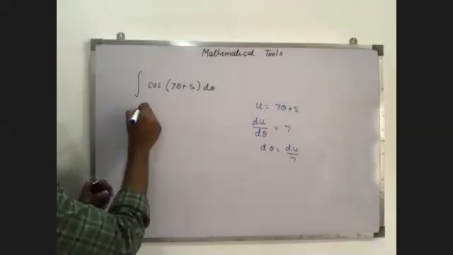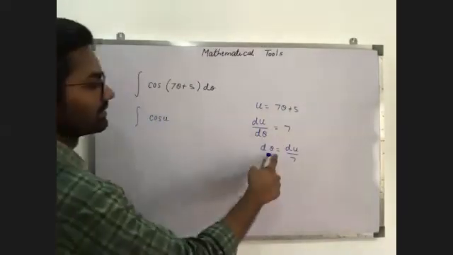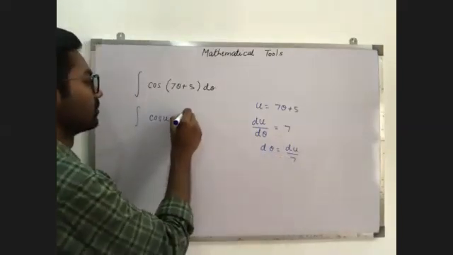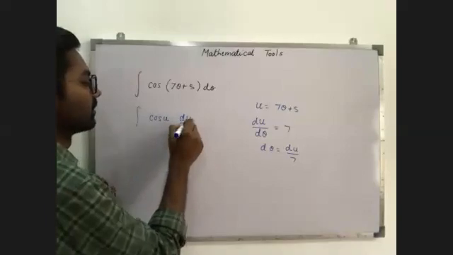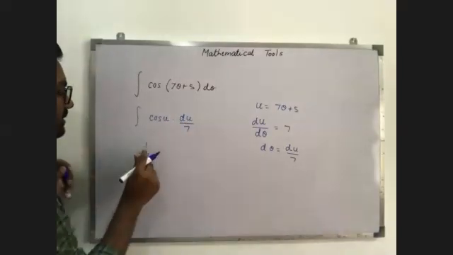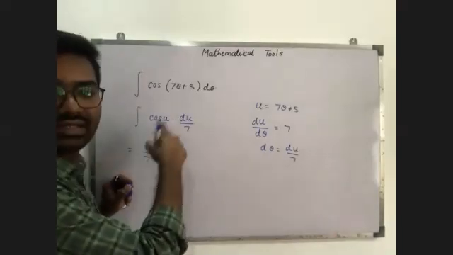Now put the value. So this is going to be cos u, and instead of d theta I can write du by 7. So 1 by 7 constant out, and integration of cos u du.